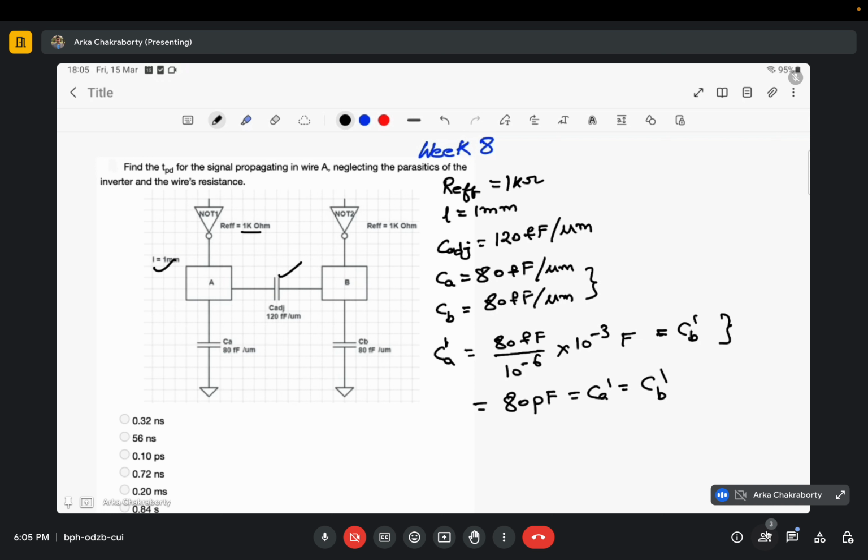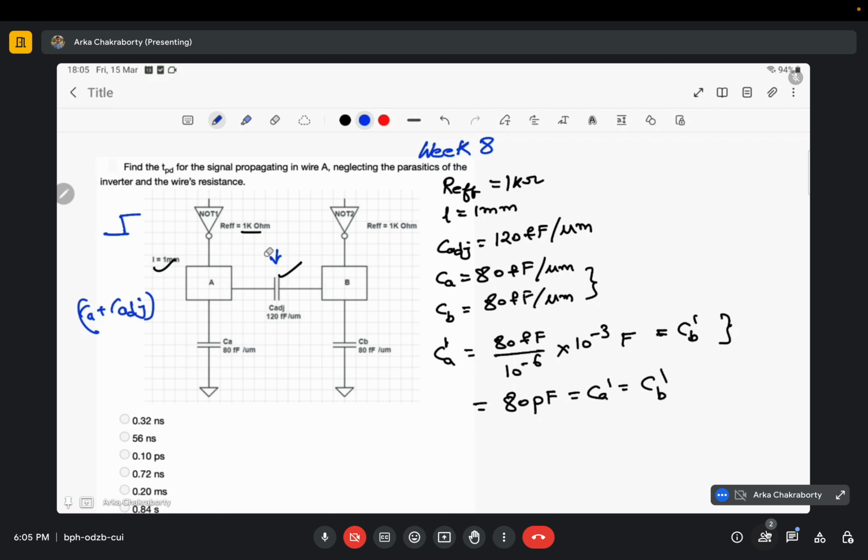So we know this aggressor circuit configuration can take three forms in total. First, this is my input in the aggressor and the output is floating. In that case, I have to charge the C adjacent and I would get a net capacitance of Ca plus C adjacent, right?